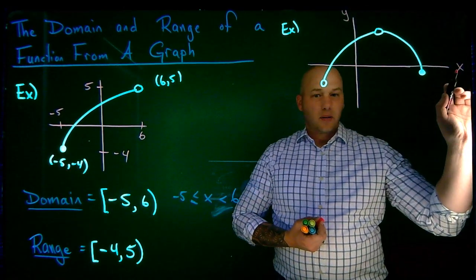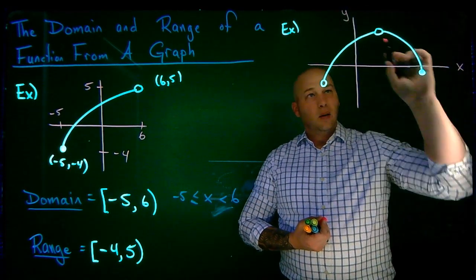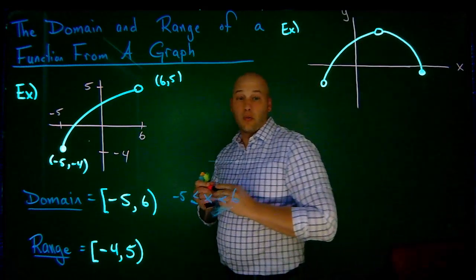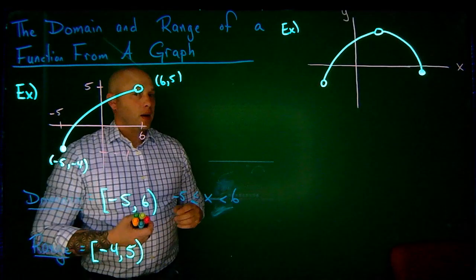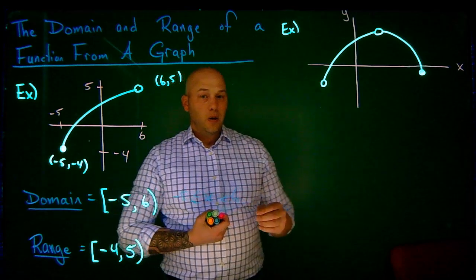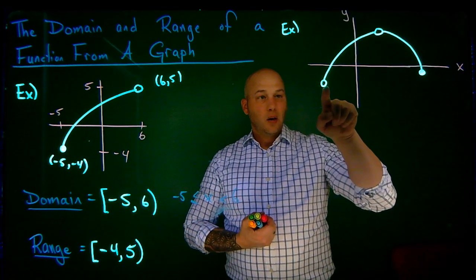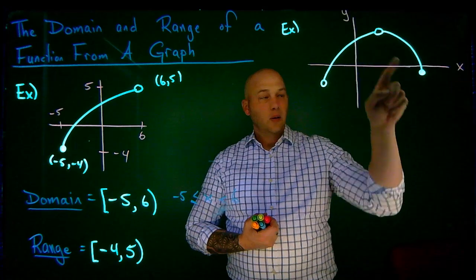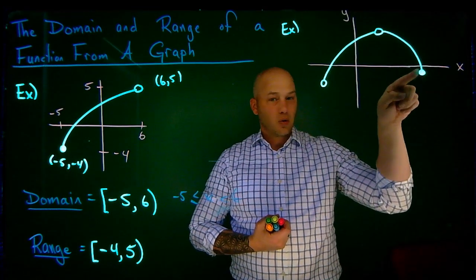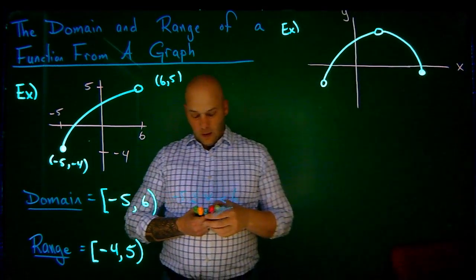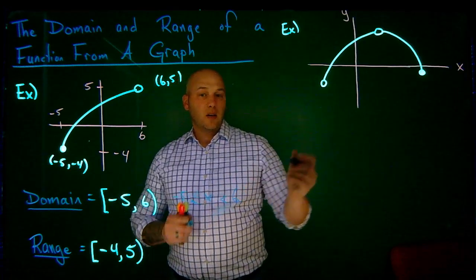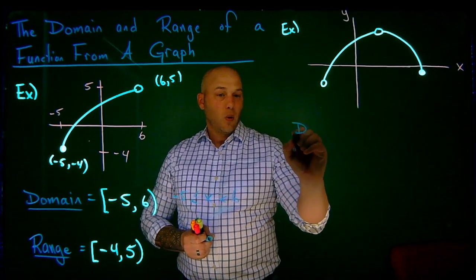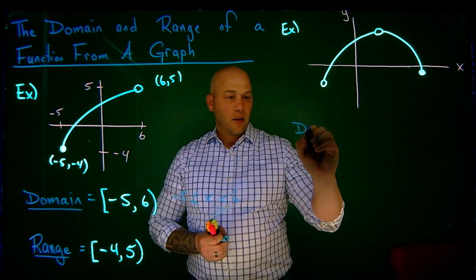So the x-axis is applicable for the domain and the y-axis is applicable for the range. Okay. And just to make sure you can read that, this point here is an open circle, so not included. This one is an open circle, not included. This one is a closed circle, so I scribbled that one in. Okay. Let's find the domain and the range of this graph, or of the function represented by this graph.